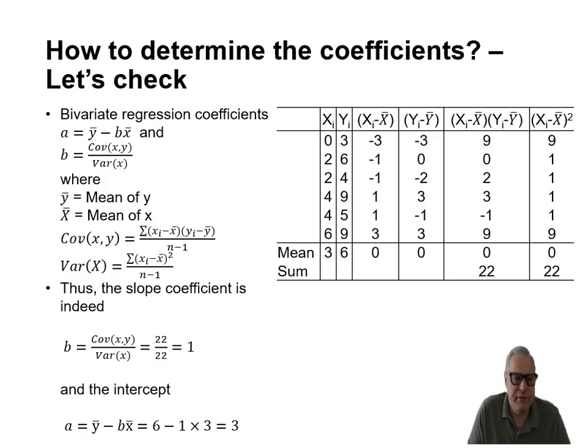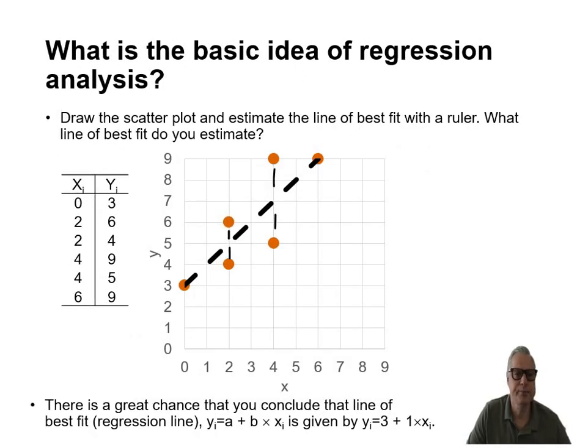So in the previous example, we had again, so this was our data here, and we had an intercept of 3 and a slope of 1, and this was our data in that little table.